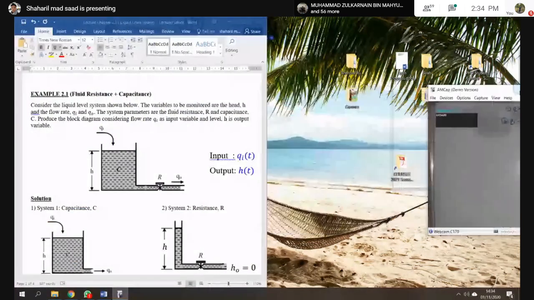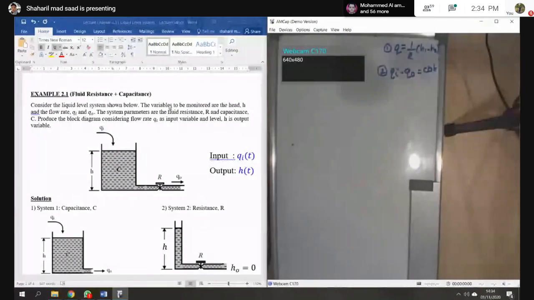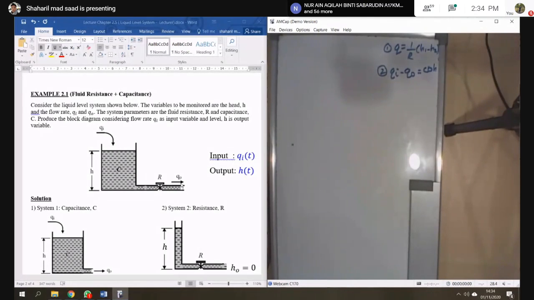The variables to be monitored are the head H, head or height, and the flow rate Qi, and the output is Q naught. The system parameters are the fluid resistance R and capacitance C. Produce the block diagram considering flow rate Qi the input and the level H the output.